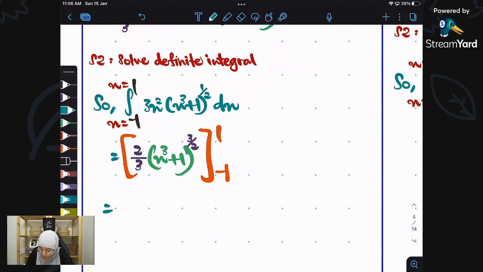I sub in the value of 1 into x and minus it with another value of -1, sub into the answer there.